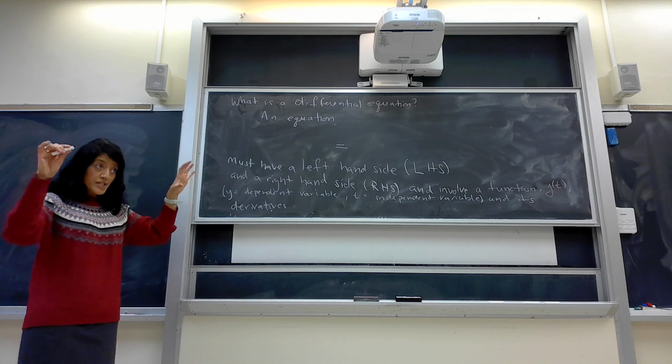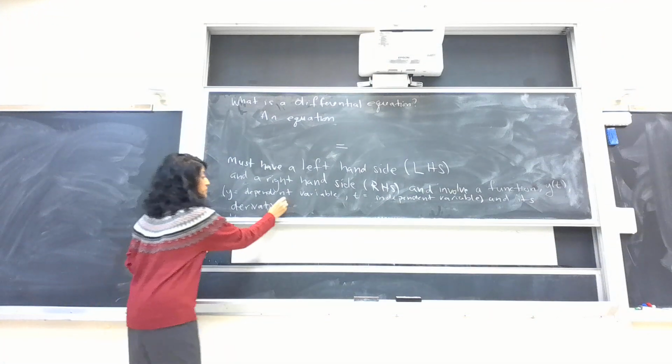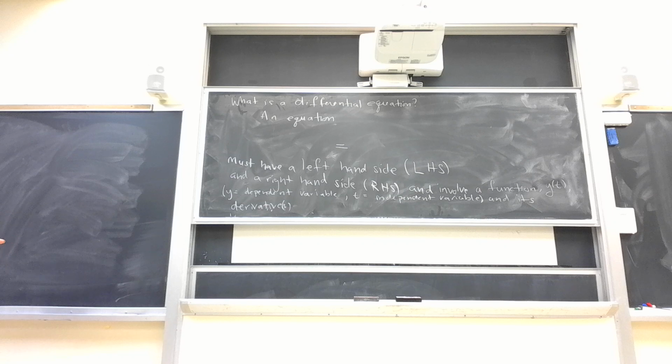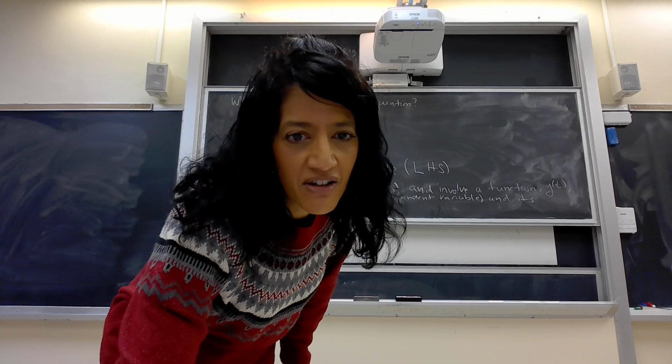So it's an equation that involves a function and its potential derivatives. It could have more than one. If you had the Jedi math class, I'm sure you did second order differential equations, and so forth. So that's an engineer's definition.